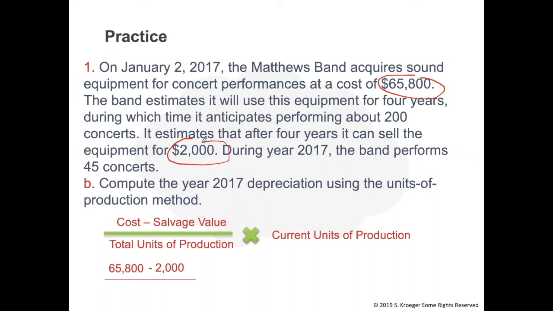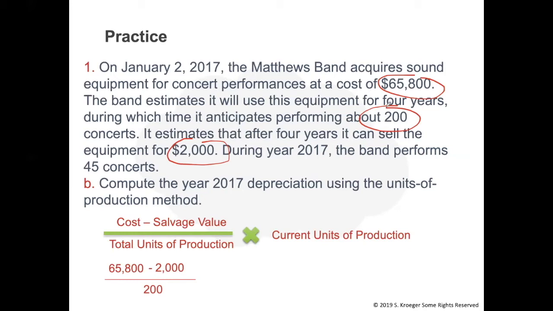We're going to divide this by the total units of production. How many units of production or activity would we use this equipment for? We would get 200 concerts out of this equipment in total. Therefore, we would divide by 200.